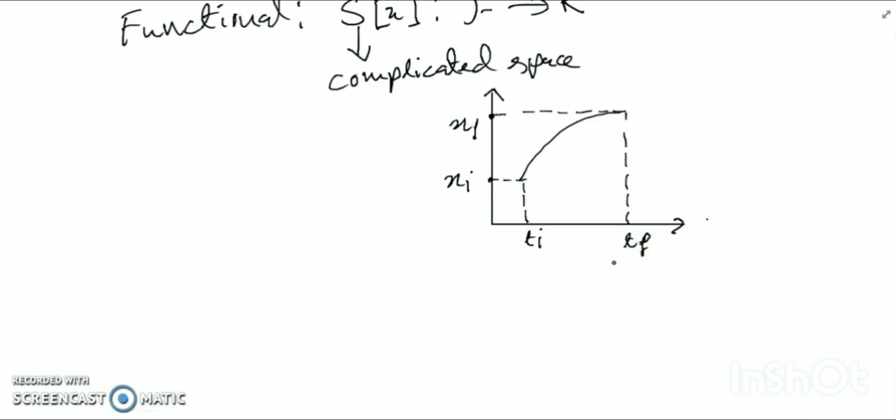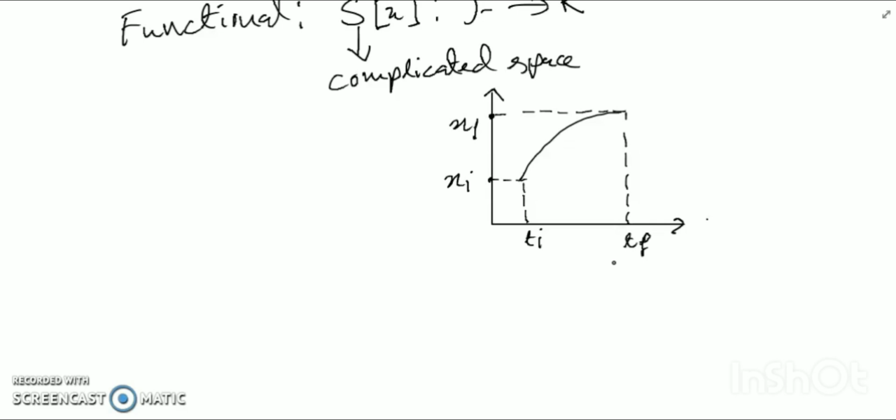So x in the square bracket is not a real number, rather a path connecting the two endpoints xi to xf. The space is infinite dimensional. Suppose x is a real number, which means x is a point in a space, which is a real line.